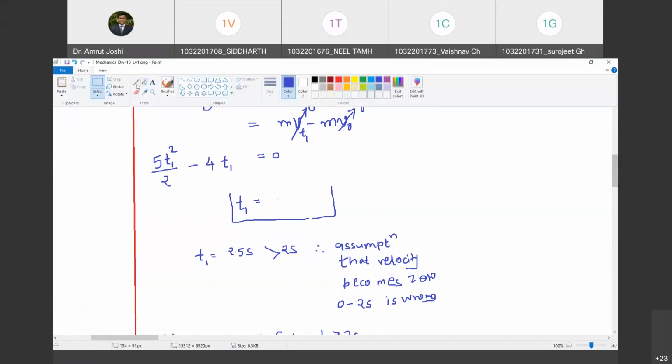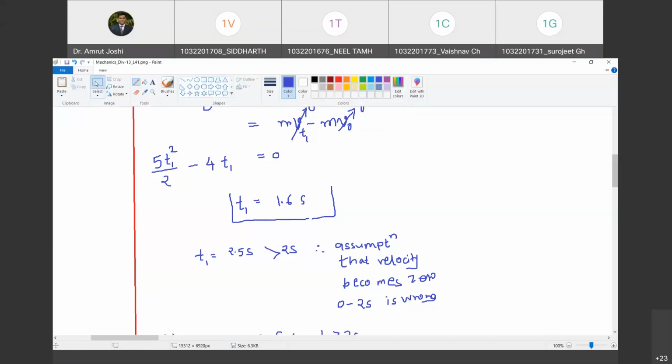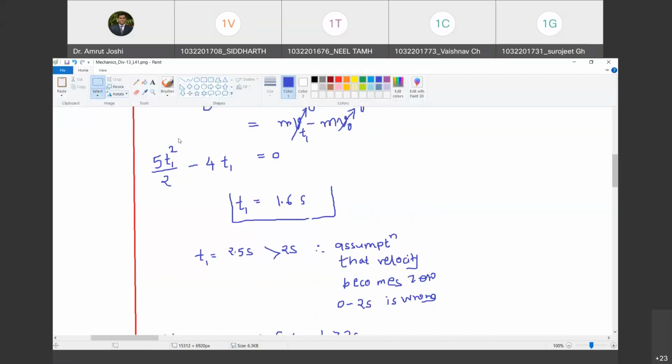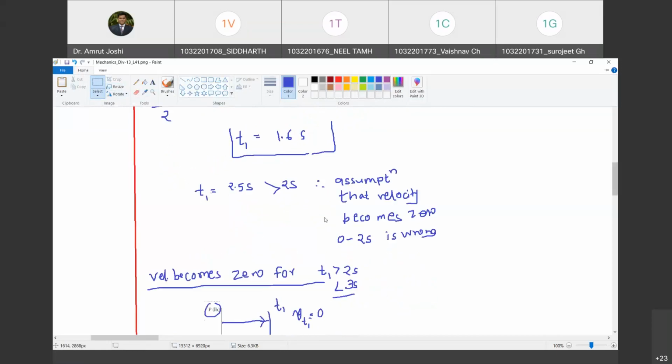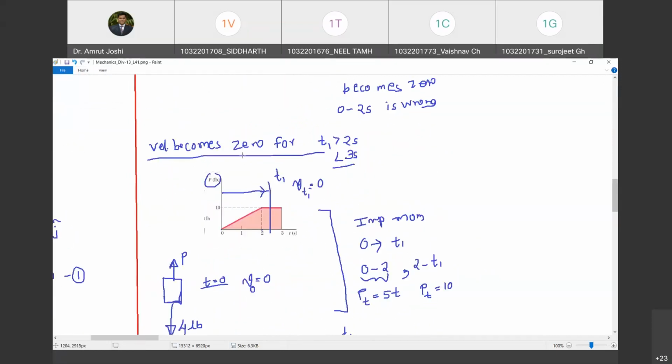Sir, because roots are 8 by 5 and 0. हाँ, so ये 1.6 आ रहा है. Sir, is it right? Yes, sir. It is correct, 1.6 is the answer. And what is the other root? 0. 0, sir. Okay. So therefore, we need not do all these things.